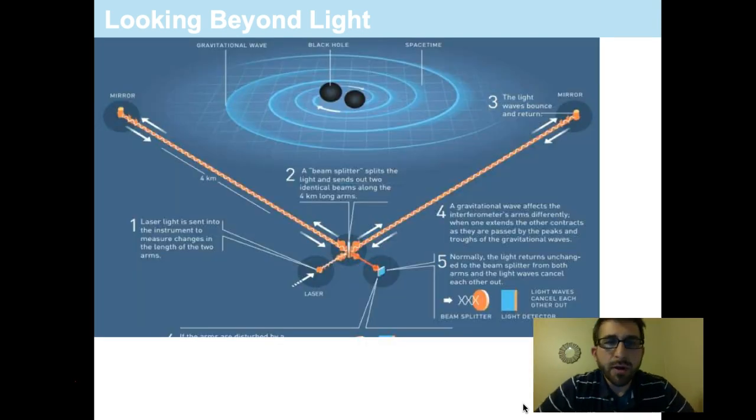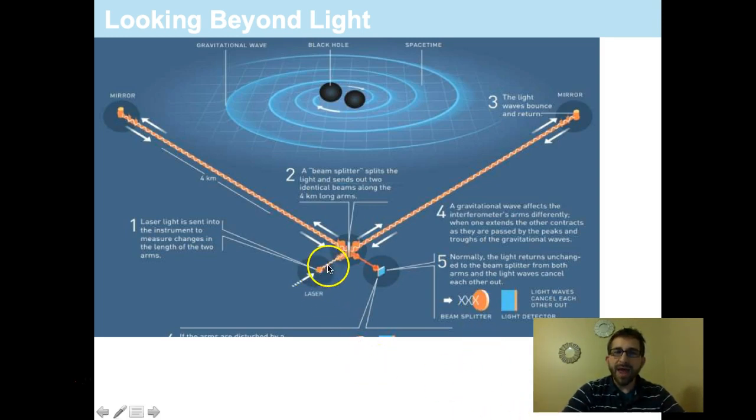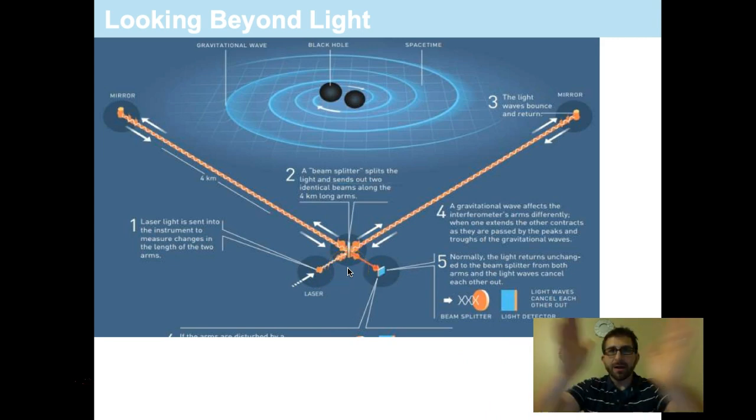Here's how they work. So LIGO is sending a laser beam down a tunnel through a beam splitter. Now, a beam splitter, remember, is going to take a single beam of light and split it perfectly into 2 separate, even and synchronized, this is important, synchronized beams.